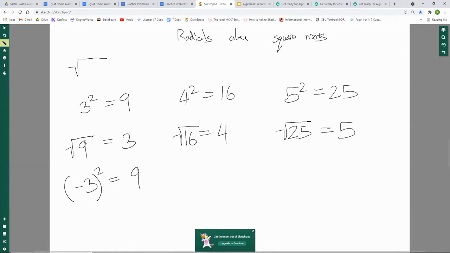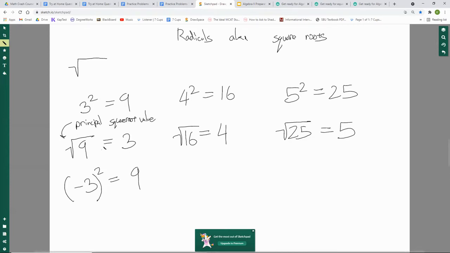Depending on what kind of math or what kind of mathematicians you're talking to, typically this radical here is called the principal, I think principal, square root value, something like that.